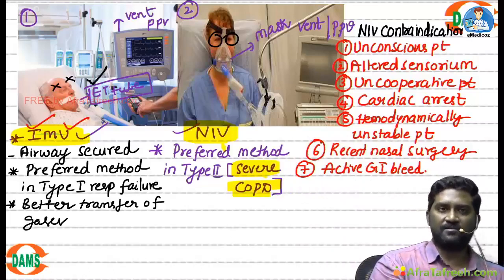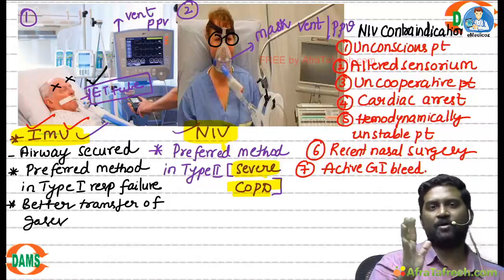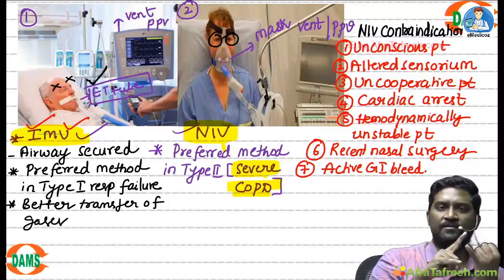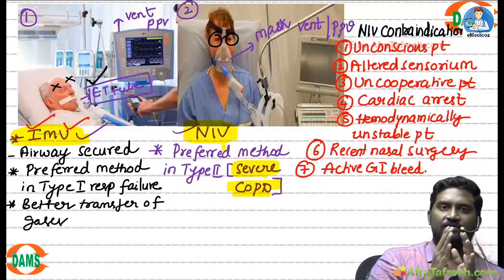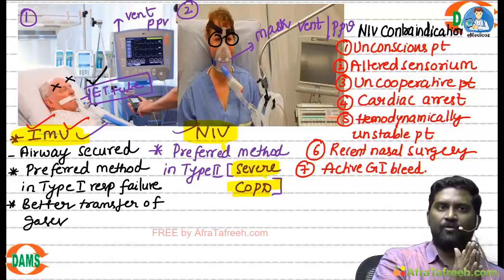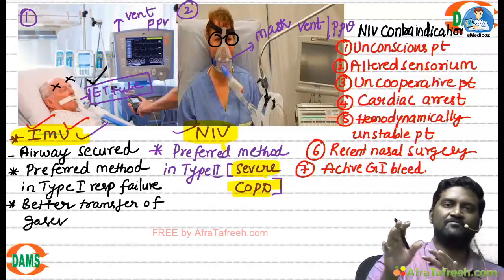Already in a patient with severe COPD, his lung condition is bad. If at all a new infection develops, it becomes worse and it can result in mortality. If you do invasive mechanical ventilation, there are high chances of pneumothorax and ventilator associated pneumonia. That's why you try to avoid invasive mechanical ventilation. You try to maintain with NIV.